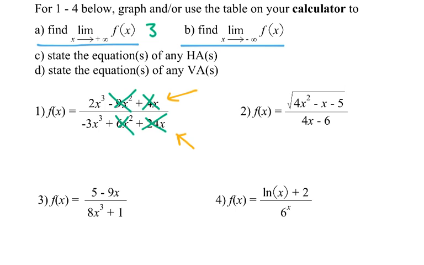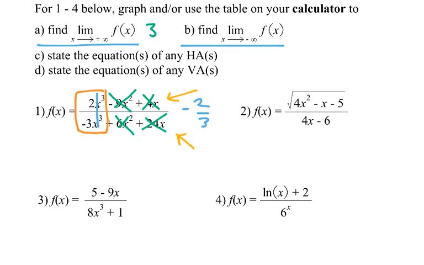And that's because as our numbers get bigger and bigger and bigger, when they're cubed, they're going to dominate the expression. So these are going to end up dominating the value as x approaches infinity. And so for that reason, we can just simplify it to 2x cubed over negative 3x cubed. And what you'll notice is those cancel out and we're left with negative 2/3. So that is the limit as we approach positive infinity.